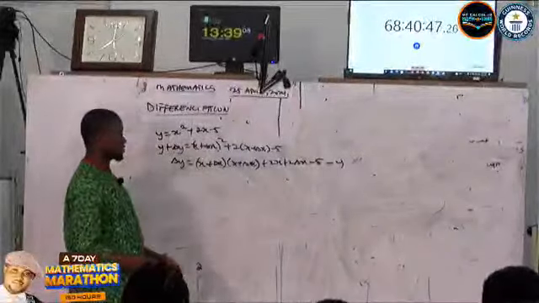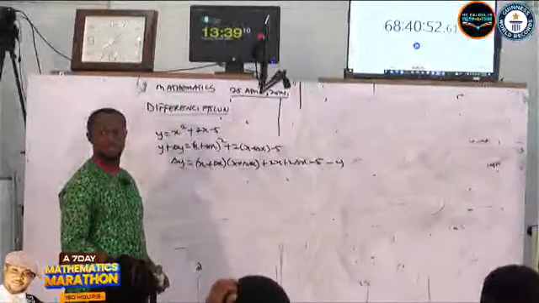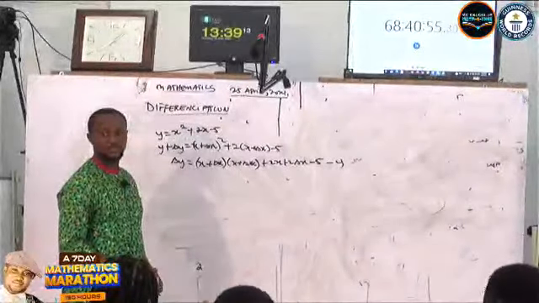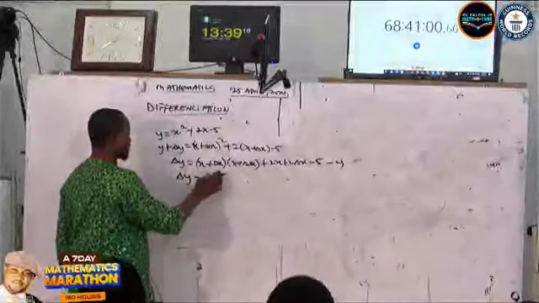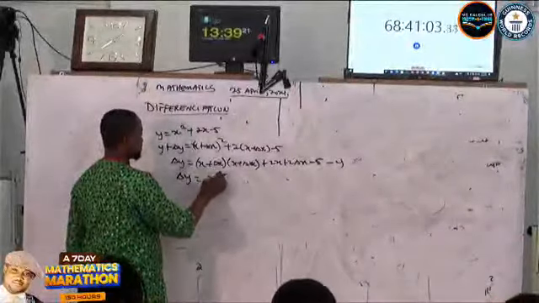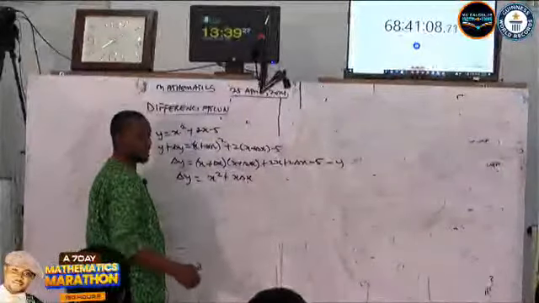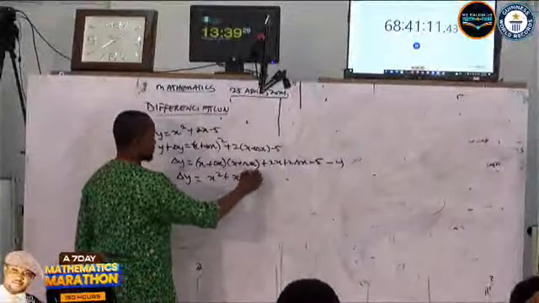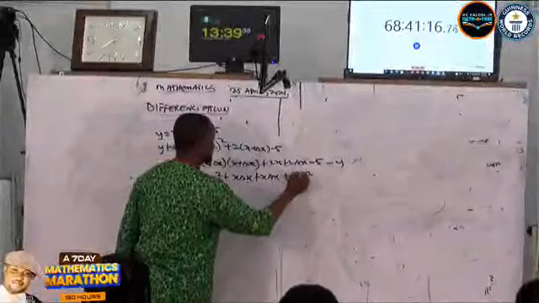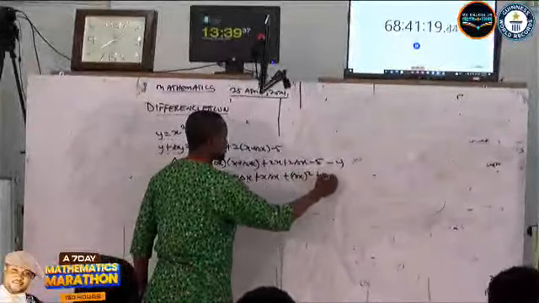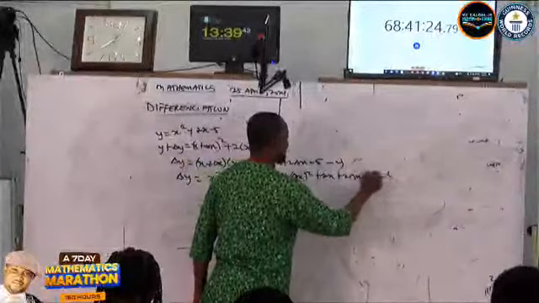That's how y crosses. So now from there, you now have my change in y equals, expand this: x squared plus x change in x plus x change in x plus change in x all squared plus 2x plus 2 change in x minus 5 minus, open the bracket, y.